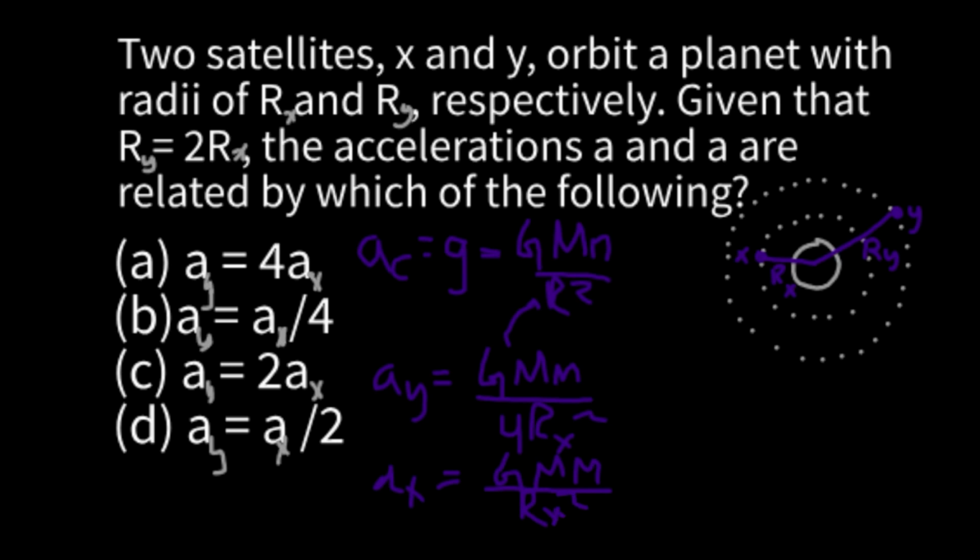So what we can do is take the ratio by dividing both of these. We can see our numerators cancel out, and we'll be left with a sub y divided by a sub x equals r sub x squared divided by 4r sub x squared.